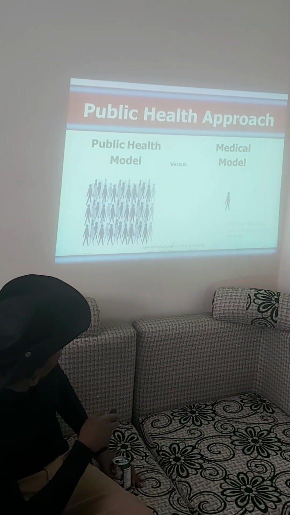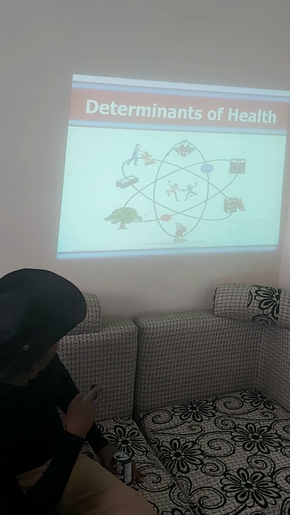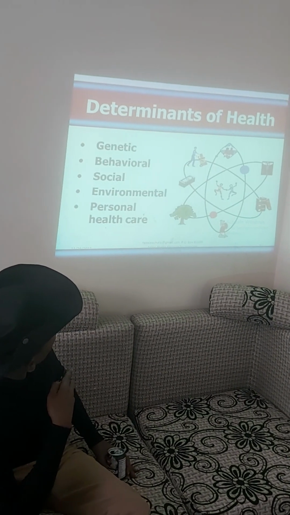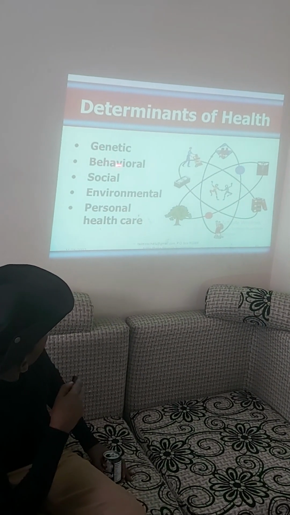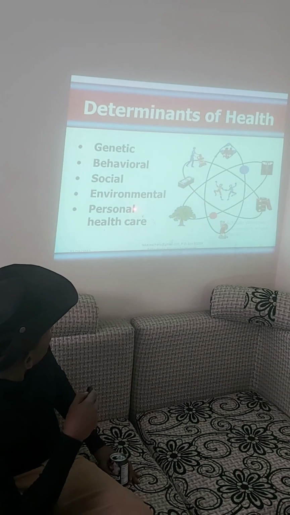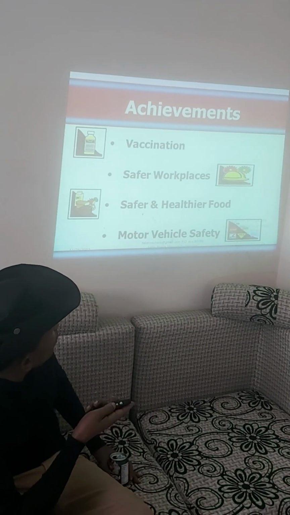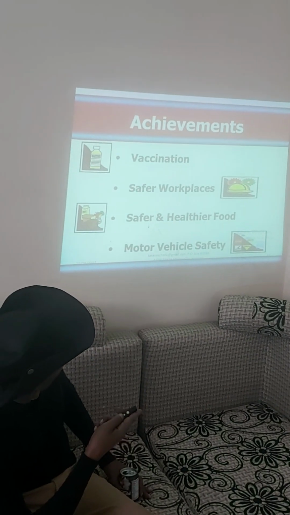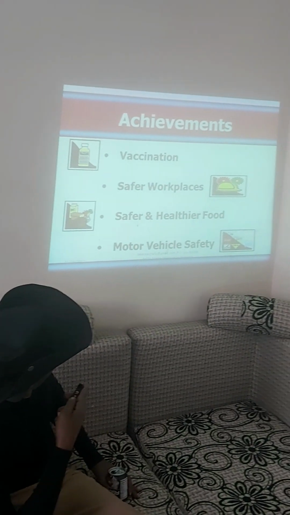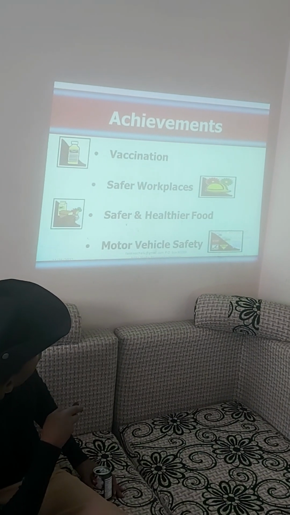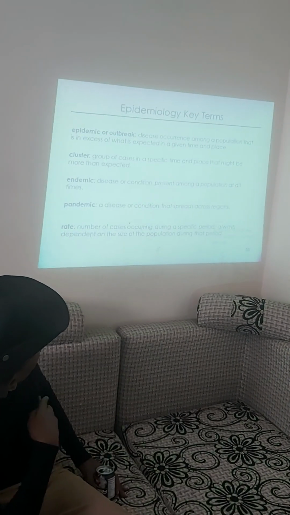We can categorize the factors as genetic, behavioral, social, environmental, personal, and health care. The achievement of public health goes from the very beginning of vaccination to the last of it.